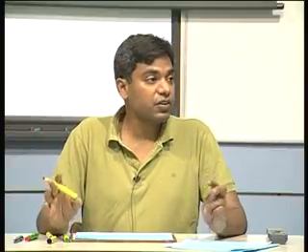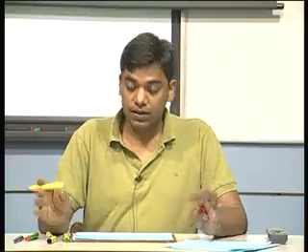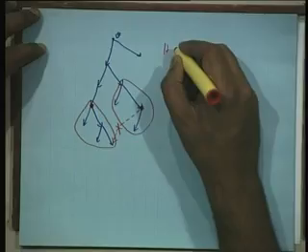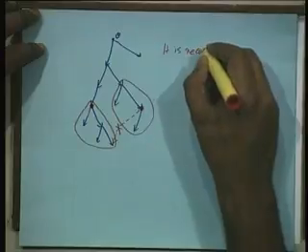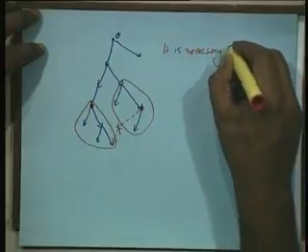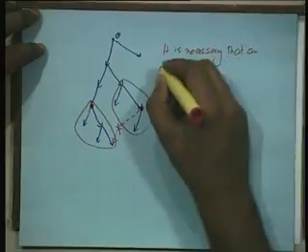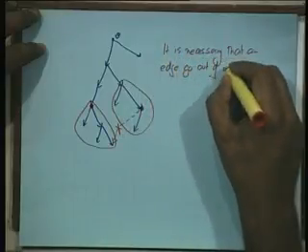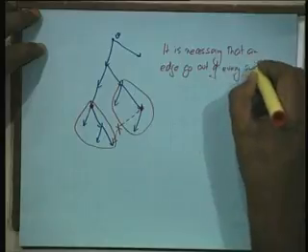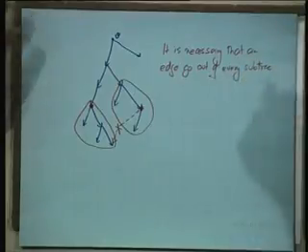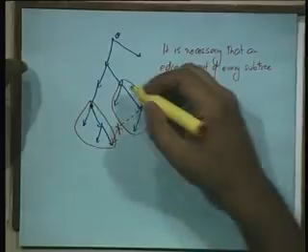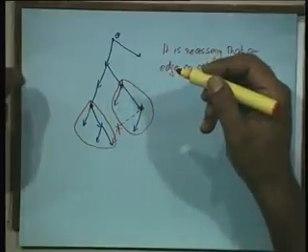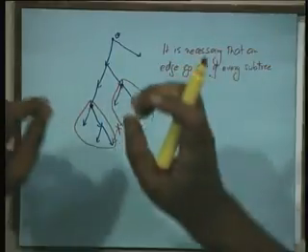You understand the difference between necessary and sufficient, right. So, it is necessary that an edge go out of every subtree. You understand what I mean by out of every subtree. What is a subtree here? It is the descendants of any one vertex.